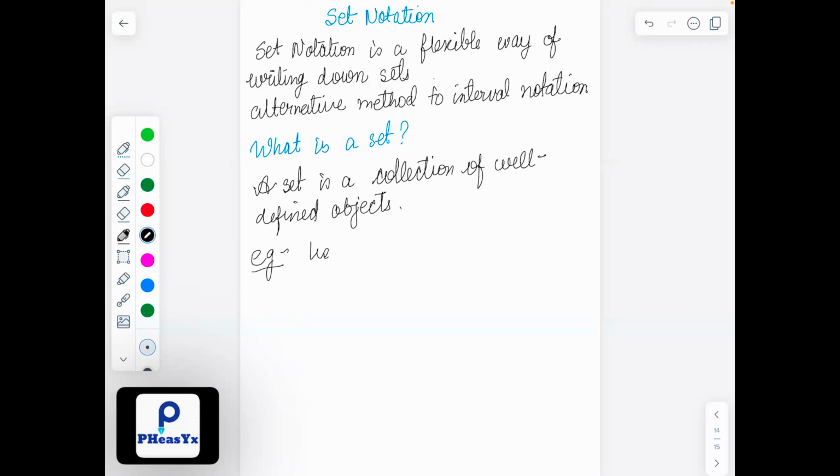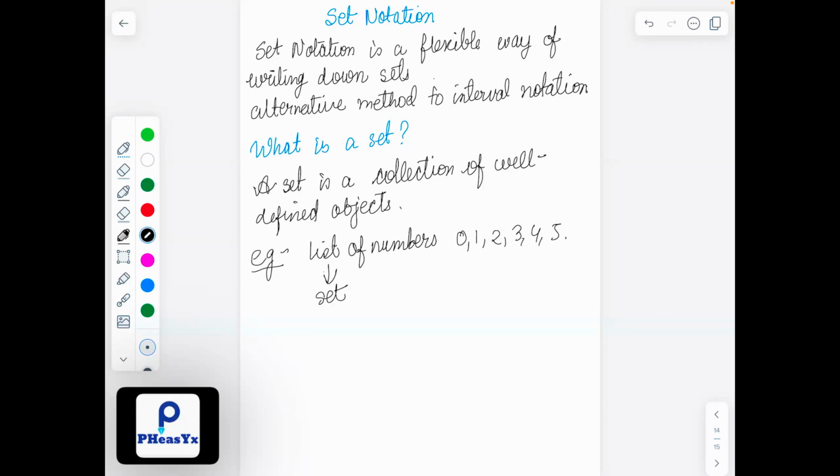Suppose we have a list of numbers 0, 1, 2, 3, 4, 5. We can call our list of numbers a set, and we can label it whatever we like.